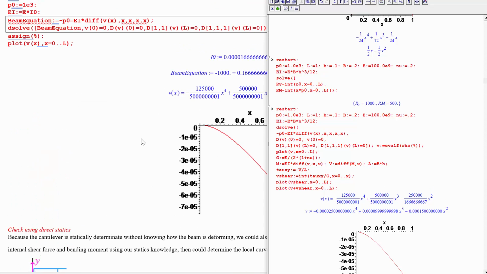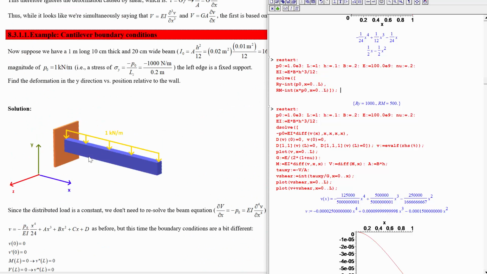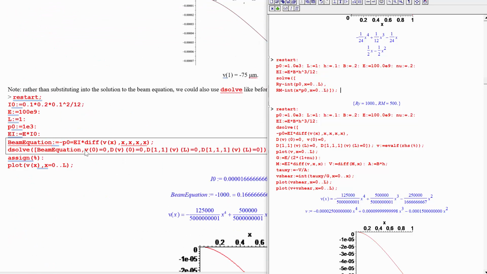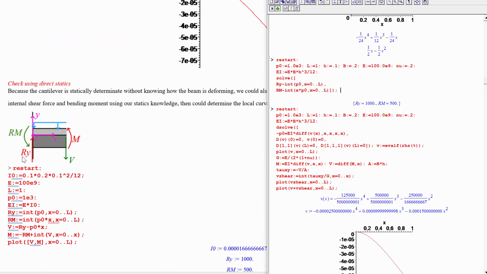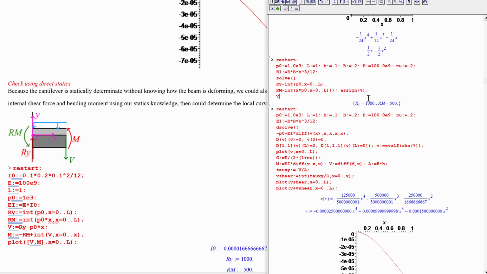Okay, so let's see, we had a kilonewton per meter and a 1 meter length, so that makes sense that we have Ry as 1,000 and that Rm is 500 Newton meters for Rm and newtons for Ry. So we'll assign that. And now we're in a position to write out what the internal shear force is.